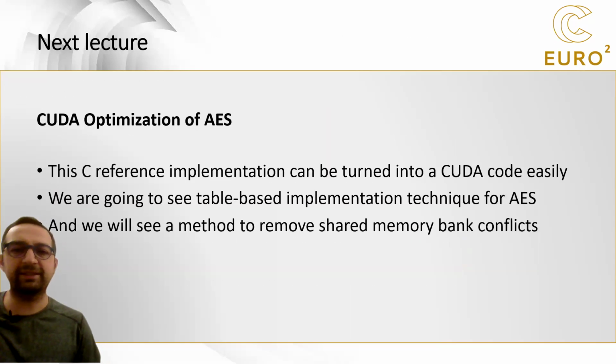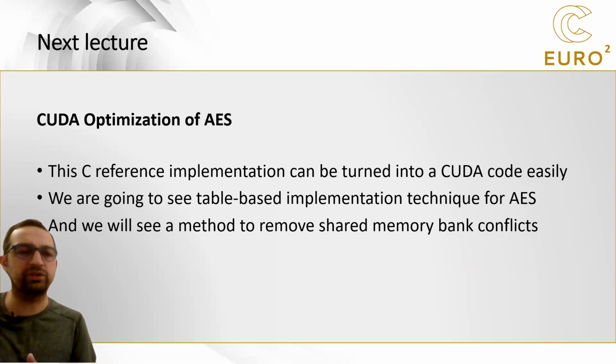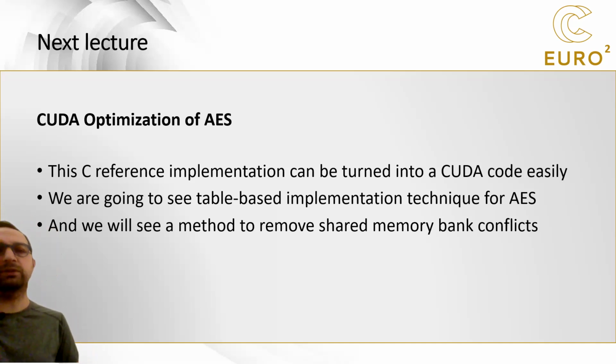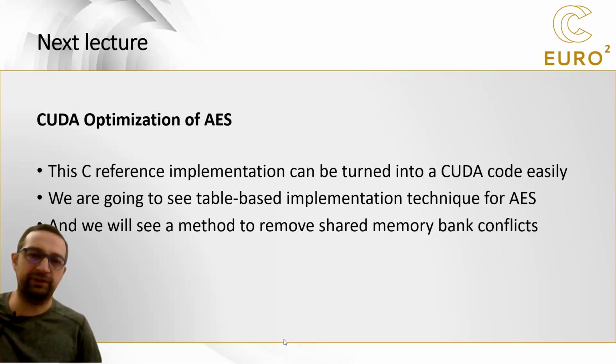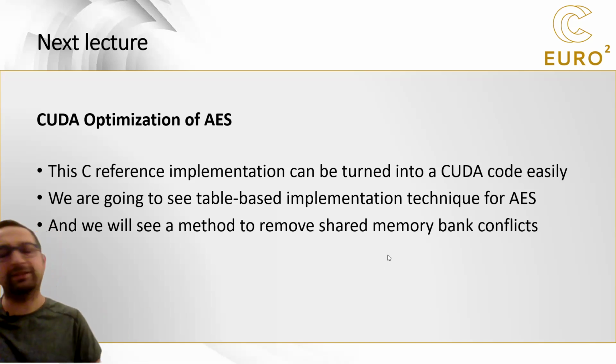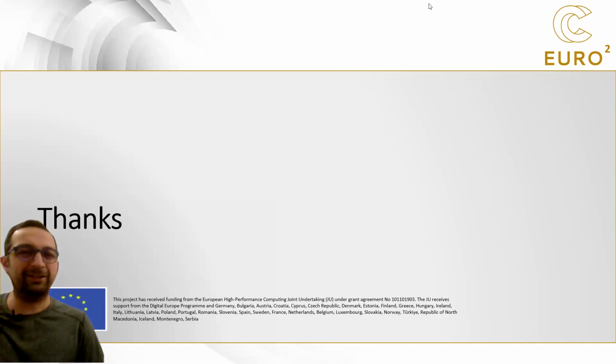But we will see there is another method called a table-based implementation, which will speed up the process on GPUs significantly. When we do this table-based implementation, we will keep some tables in the shared memory, and we will observe shared memory bank conflicts. We will also see a method to remove these shared memory bank conflicts to obtain record-breaking performance. So thank you for listening.